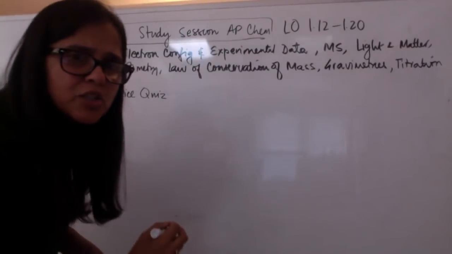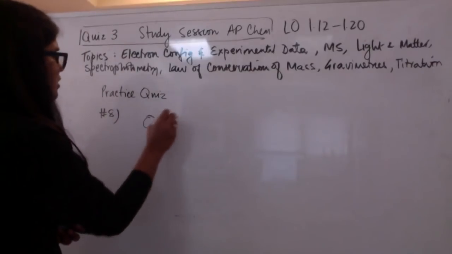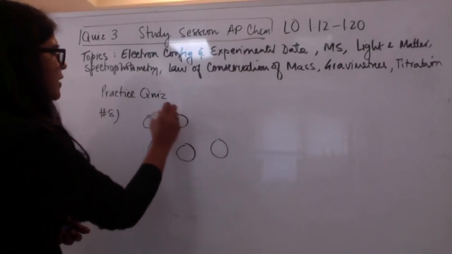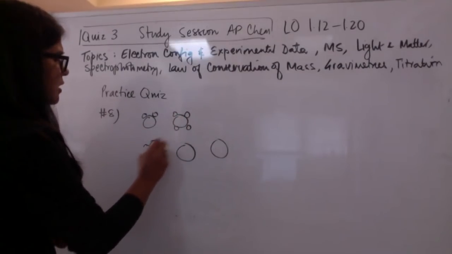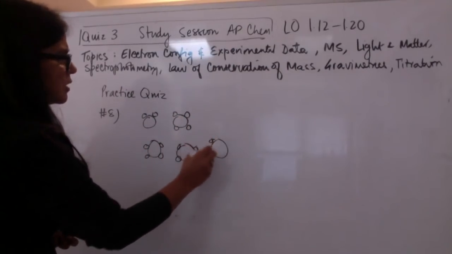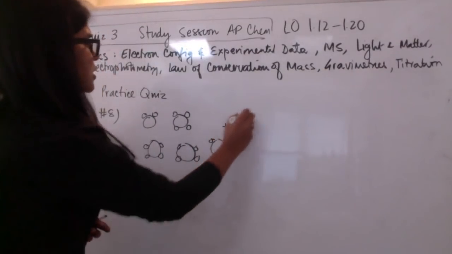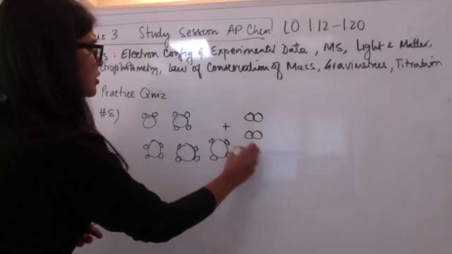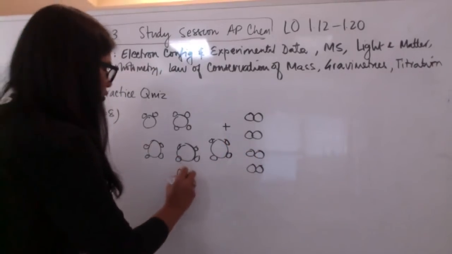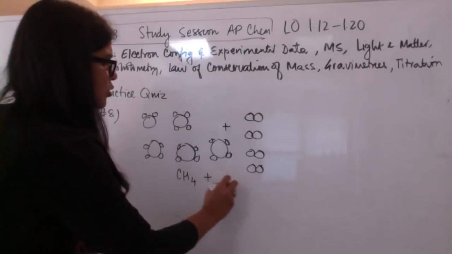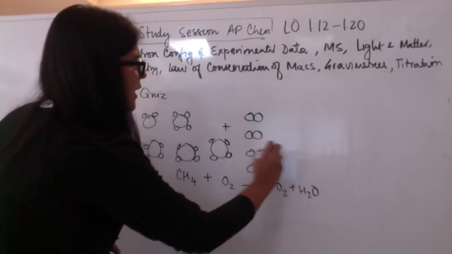In number 8, you have CH4, 1, 2, 3, 4, 5 CH4s. And then you have 1, 2, 3, 4 O2s. They tell you it is CH4 plus O2, and it forms CO2 and H2O, right?